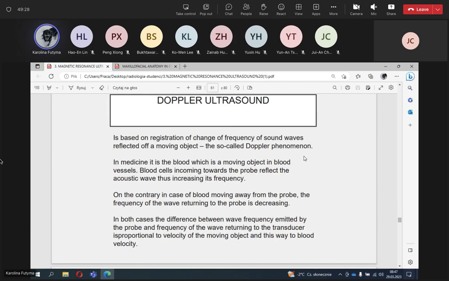On the contrary, in the case of blood moving away from the probe, the frequency of the wave returning to the probe is decreasing. In both cases, the difference between the wave frequency emitted by the probe and the frequency of the wave returning to the transducer is proportional to the velocity of the moving object, and in this way to blood velocity.